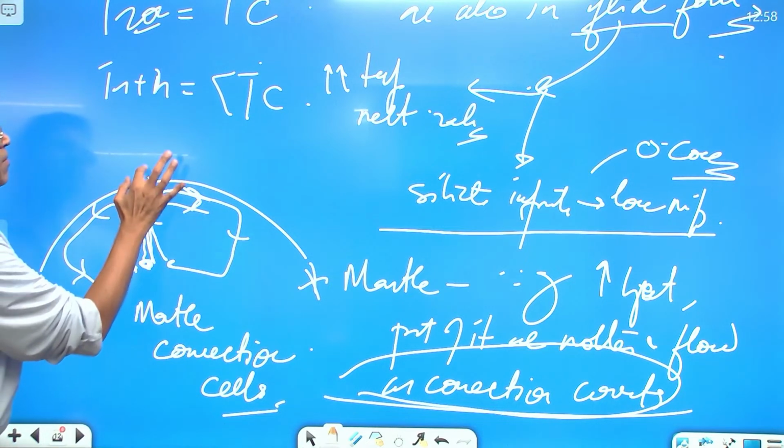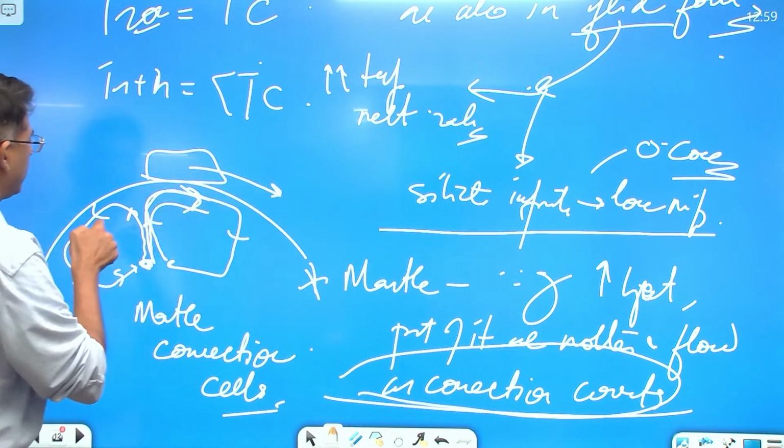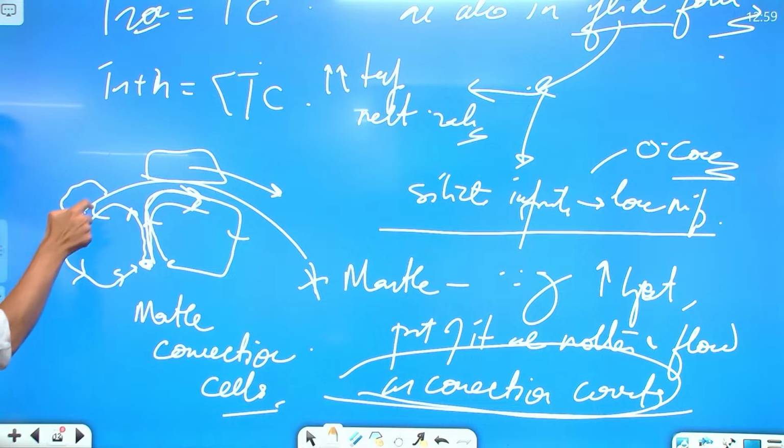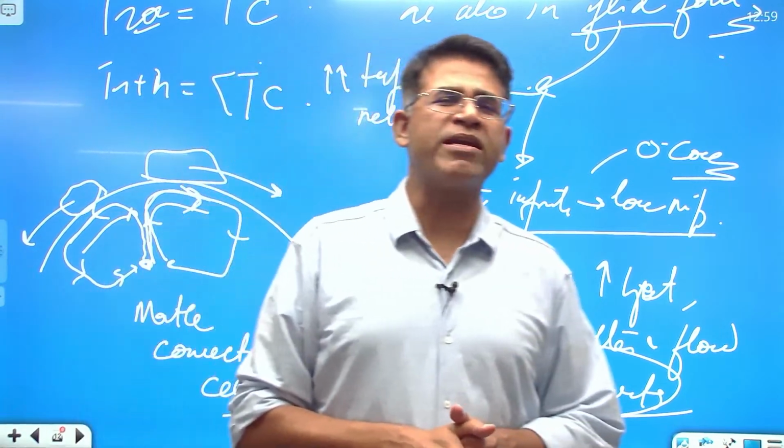So if there is some crust here, okay, this crust can also get pulled. If there are some continents or oceans here, because of this convection current, even this can start moving. Okay, and that's how we have all the phenomena of the plate tectonics.